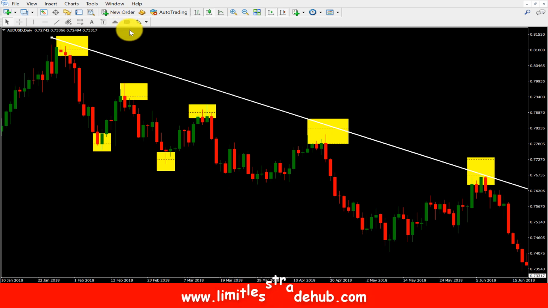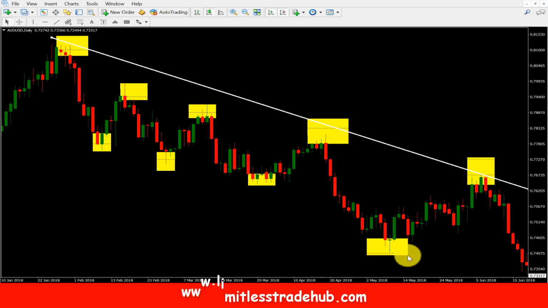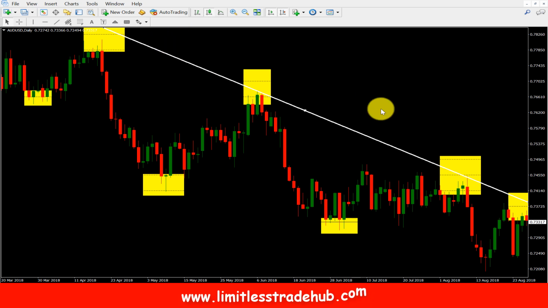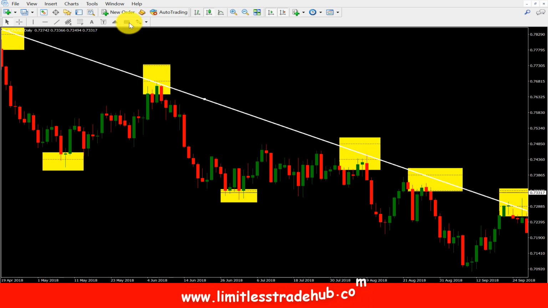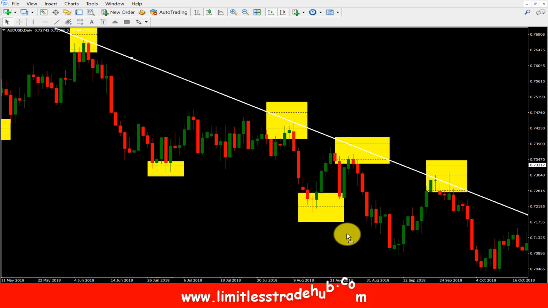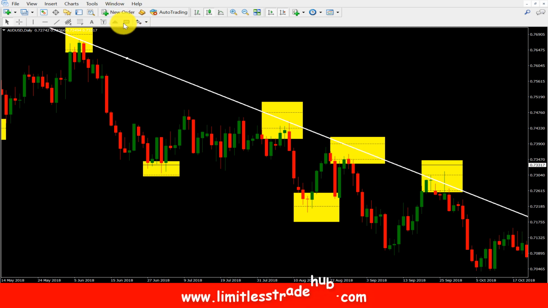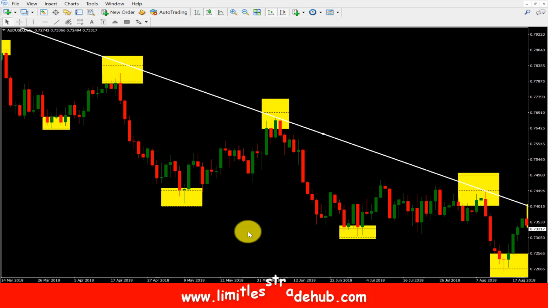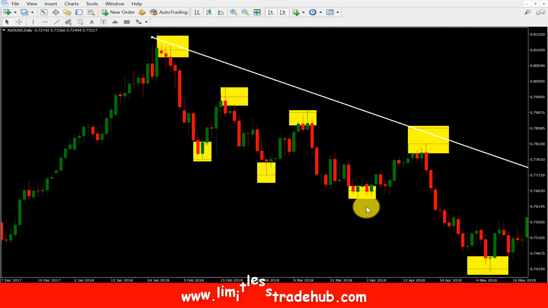The market is making again lower low, lower high, again lower low and then lower high, again a lower low and then lower high. So how many times is the market making these swing points? Lower low, lower high, lower low, lower high, lower low, lower high.